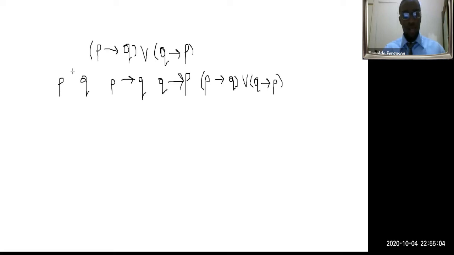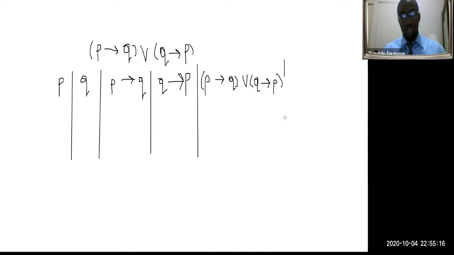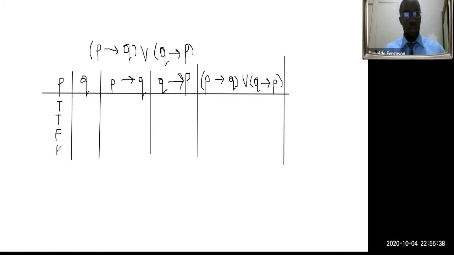So let's look at this now. We have P, we have Q, we have P implies Q, we have Q implies P, and P implies Q or Q implies P. Alright, so P is true, true, false, false.